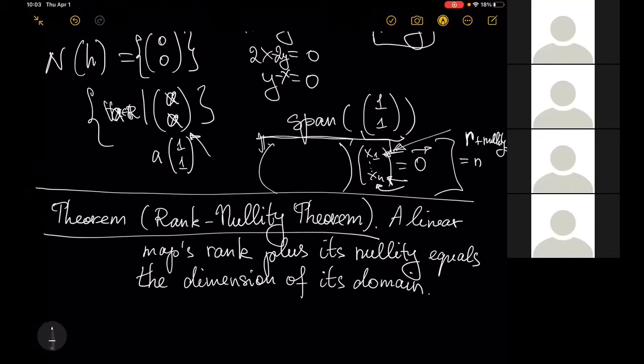So the statement is that rank plus nullity, in other words, the number of linearly independent columns in the coefficients matrix plus the dimension of the space of solutions of the homogeneous equation, is equal to n.